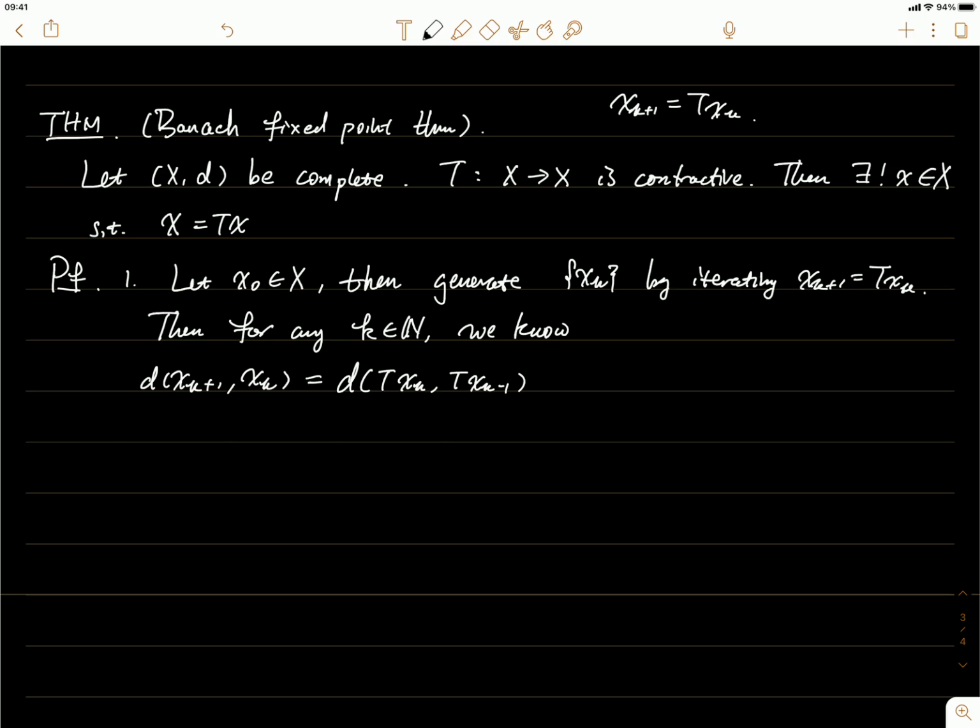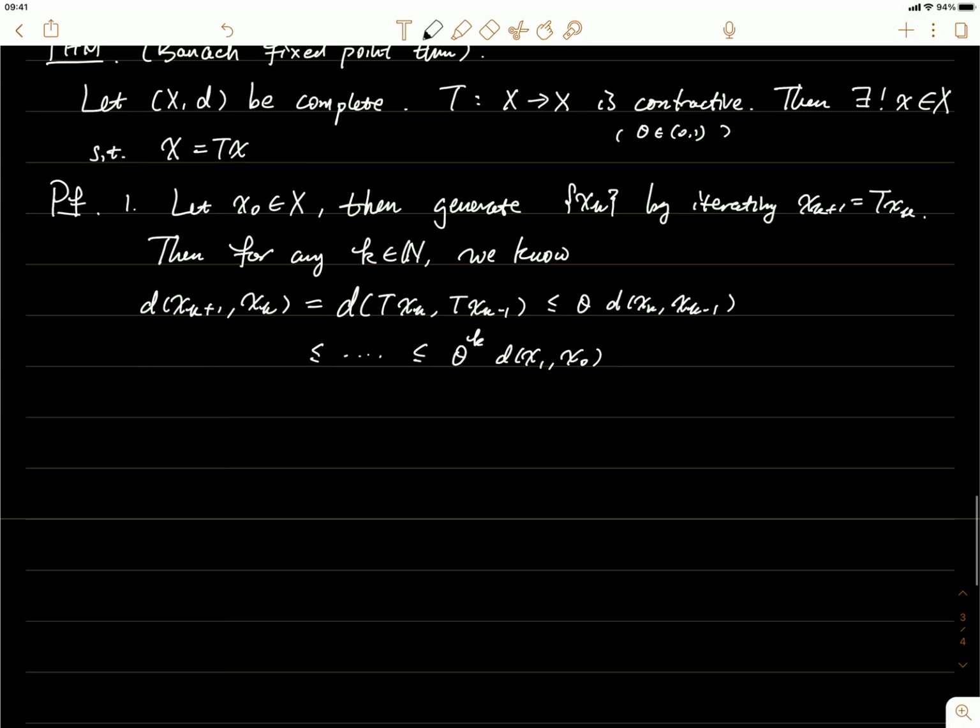Since T is a contraction, there exists some theta for the contraction, and this is less than or equal to theta times the distance between xk and xk minus 1. So I reduced k by 1, from k plus 1, k to k, k minus 1, and extracted one theta. If I keep doing this, I'll extract more and more theta. So by doing this repeatedly, we can show that this is theta to the power k times d of x1, x0. So we know that for any k, I can do this.